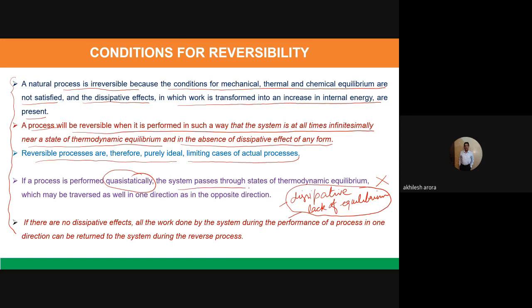The system should pass through thermodynamic equilibrium states, and a reversible process can take place in both directions. So this is something about the conditions of reversibility. Once again, to remind you, there should not be any dissipative effects and there should not be any lack of equilibrium. If these two things are absent, then the process will become a reversible process.